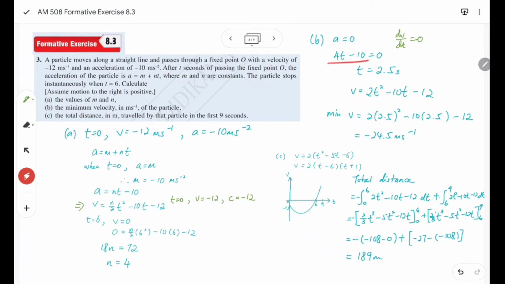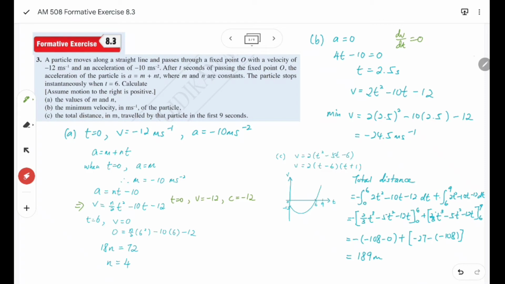So when 4t minus 10 equals to 0, then t equals to 2.5. So we want the minimum velocity, so get the velocity function and sub in t equals to 2.5. We get minimum velocity equals to negative 24.5 meter per second.